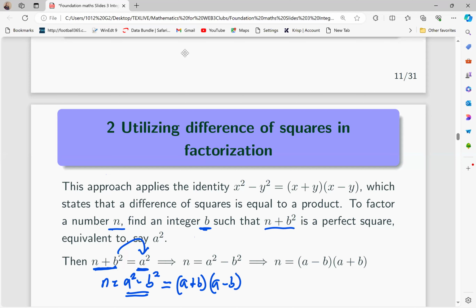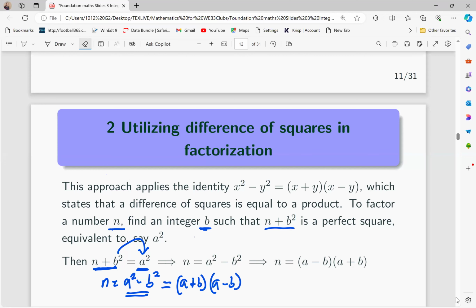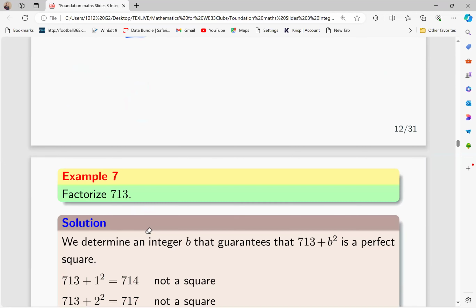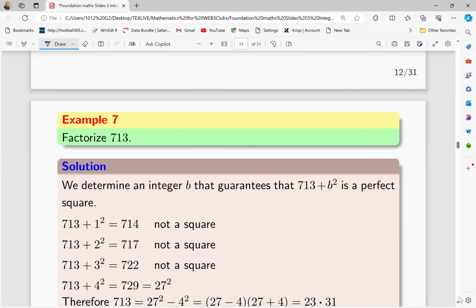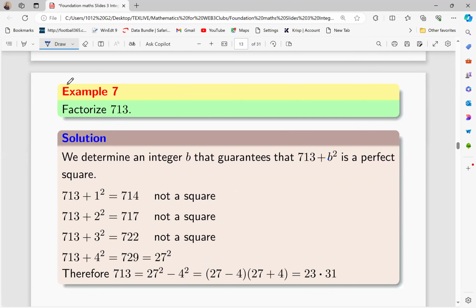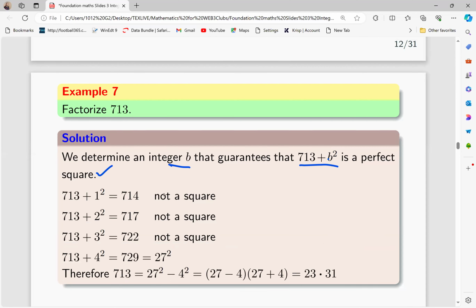I should demonstrate this with an example so that the point is clear. I want to begin by factorizing 713. As I've said, we need to determine a number b such that 713 plus b squared is a perfect square. We do it by trial because we don't know that b.